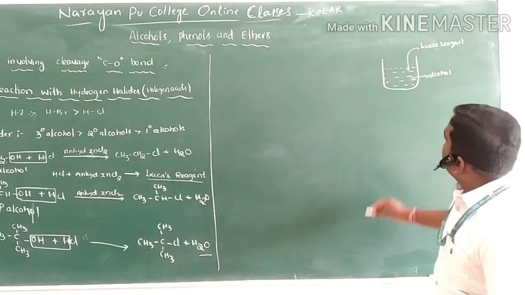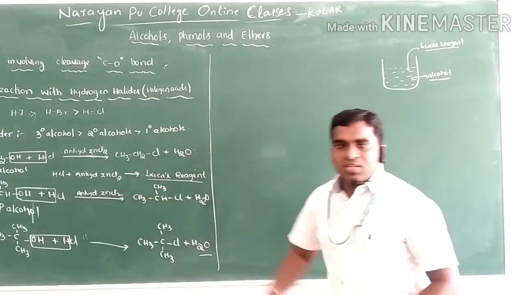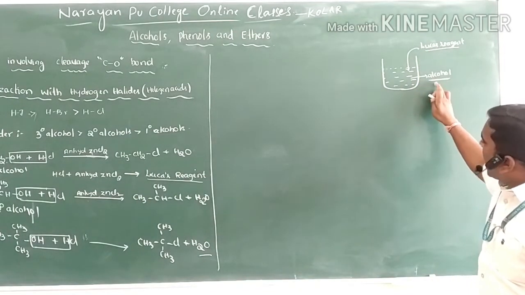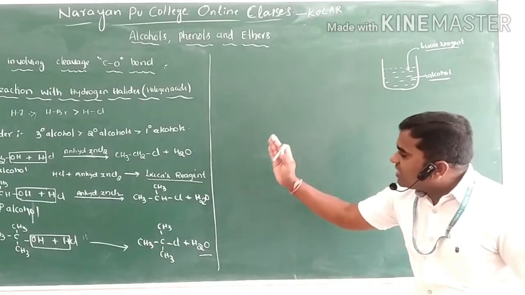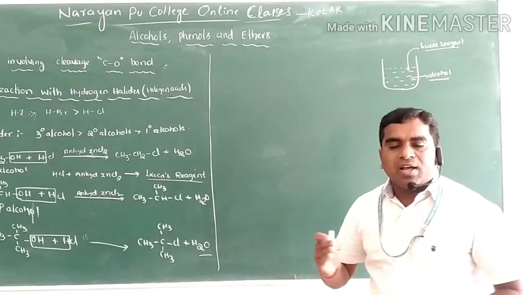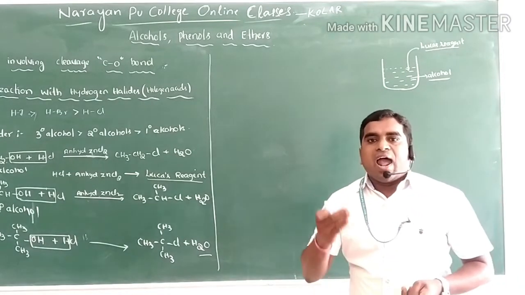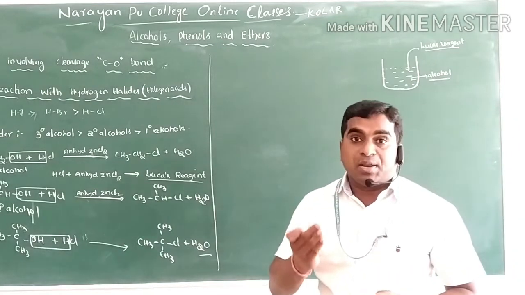Clear? Now what happened here? The Lucas reagent reacts with the alcohols and converts them into alkyl halides, and these alkyl halides are immiscible in the Lucas reagent and produce turbidity.